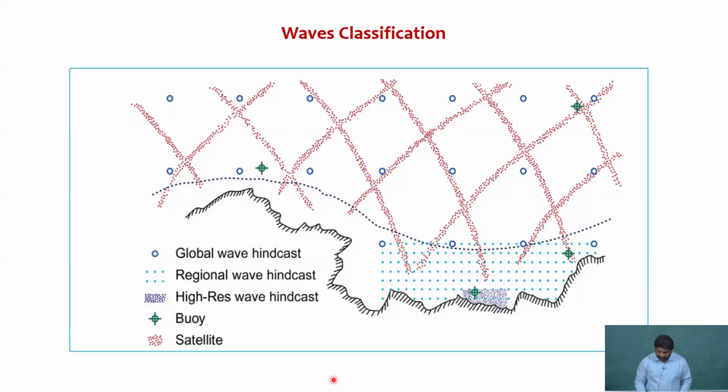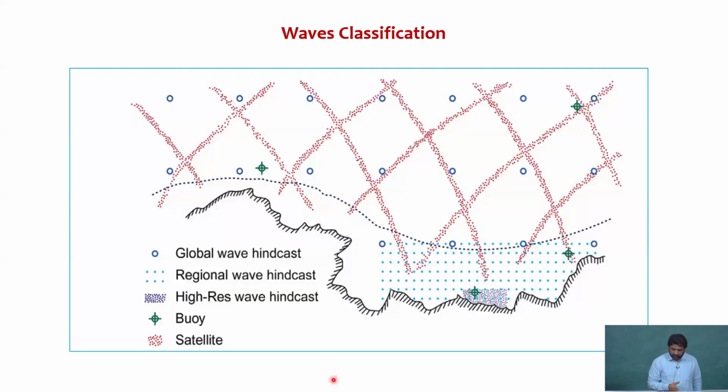Here you can see that the satellite has been picking up wave heights over a very large spectrum. Then you can run models from this large spectrum down to a particular location. You can tune your computer and say, this location has been getting this data. Now, get me the data for one particular location. There are a lot of service providers who do that.